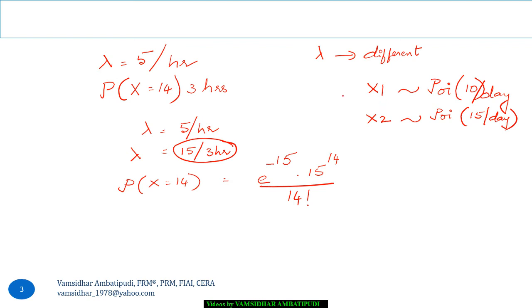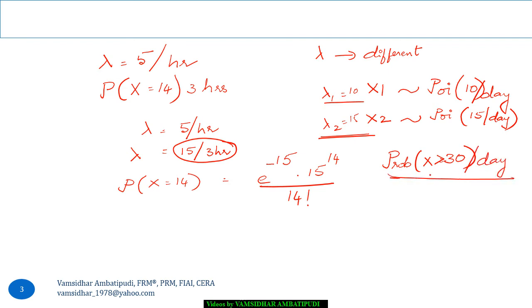So lambda 1 is 10, lambda 2 is 15. So there are two different lambdas altogether. But still, I am trying to understand what is the probability that the total number of phone calls that both the companies together get is more than 30 per day.